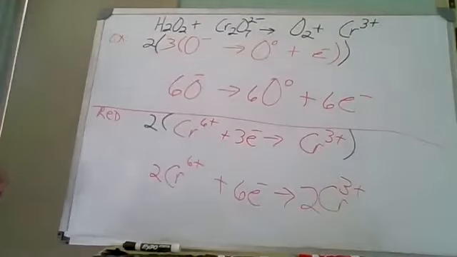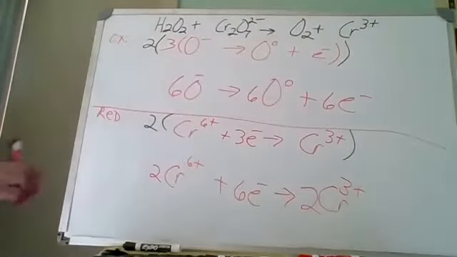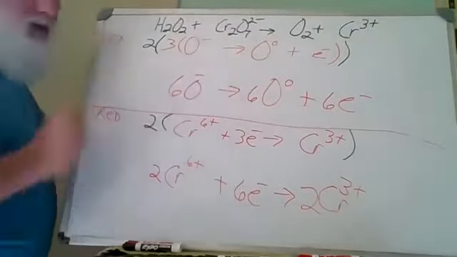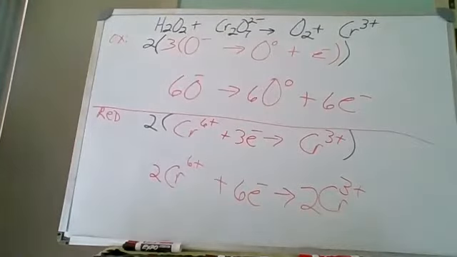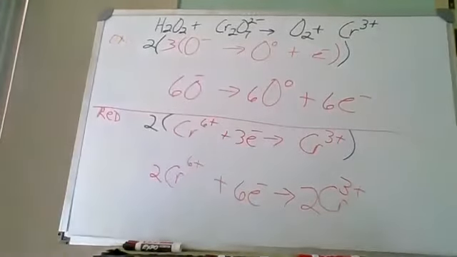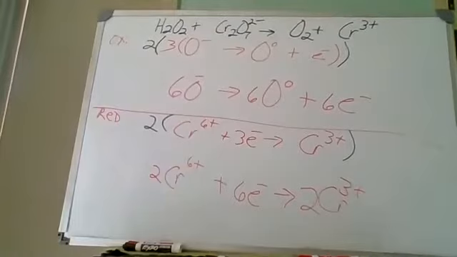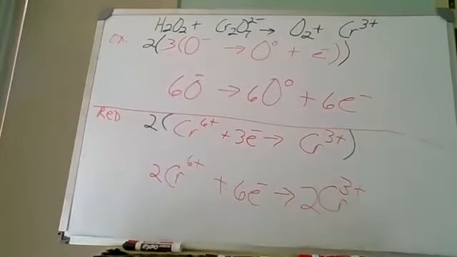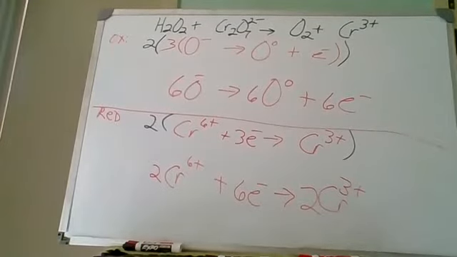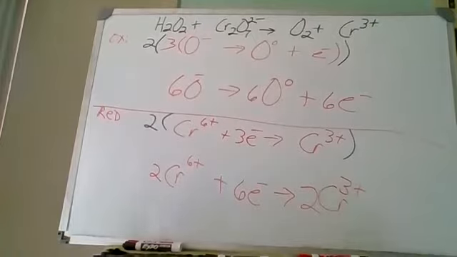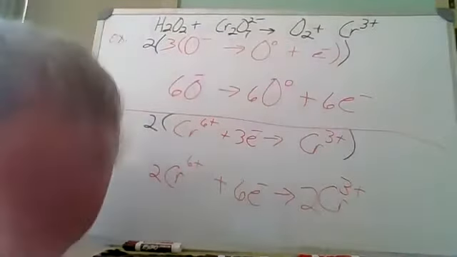That's looking pretty good, because I got 2 chromiums here and 2 there. We'll give you a chance to get that all written down. I'll grab myself a little more water while you're doing that.